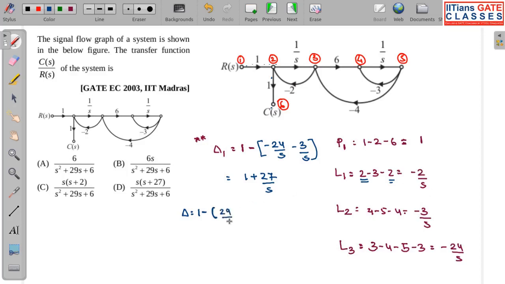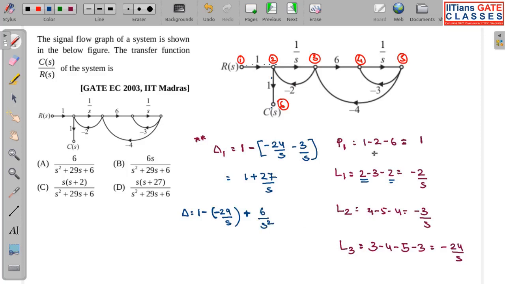So I have done it completely in a single step. So minus 29 by s, plus the product of two non-touching loops. You can see this 2, 3, 2 and this 4, 5, 4 are non-touching loops, so you need to multiply these two and add. That is 6 by s square.